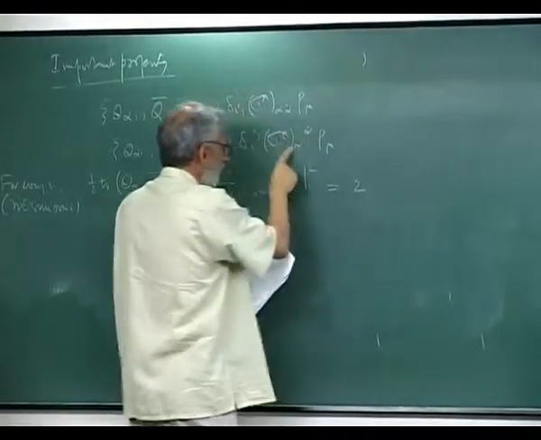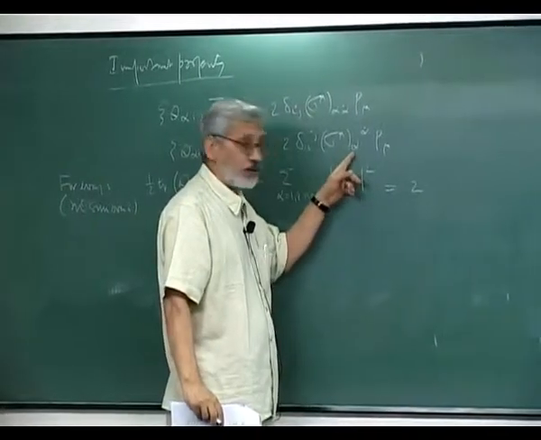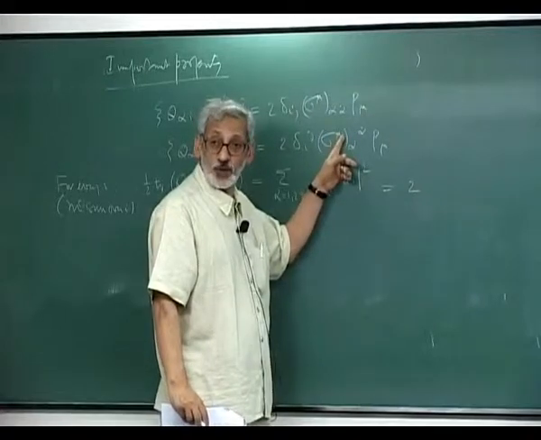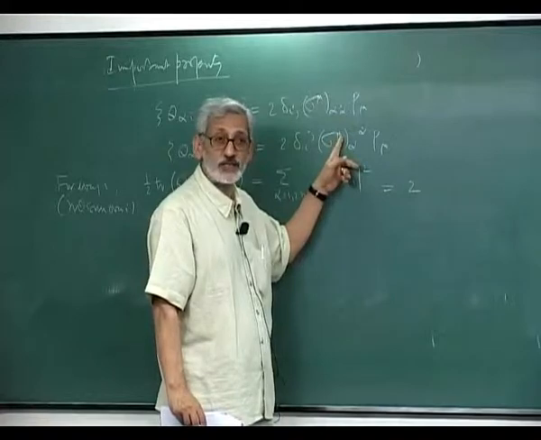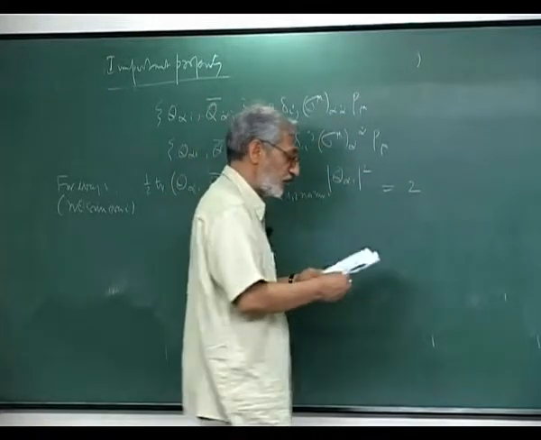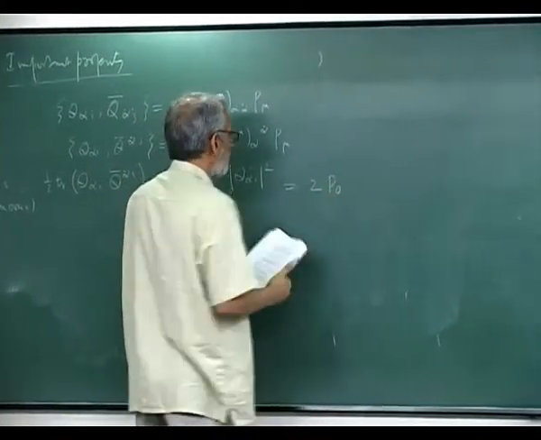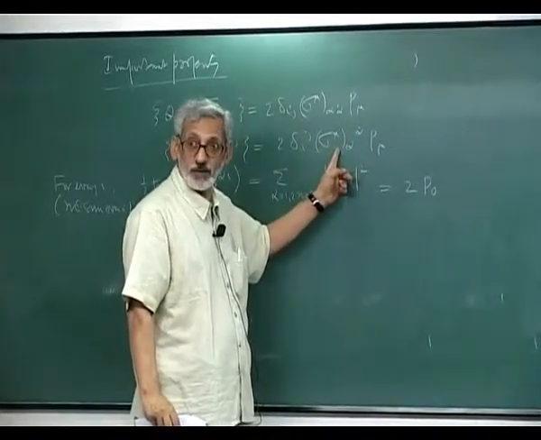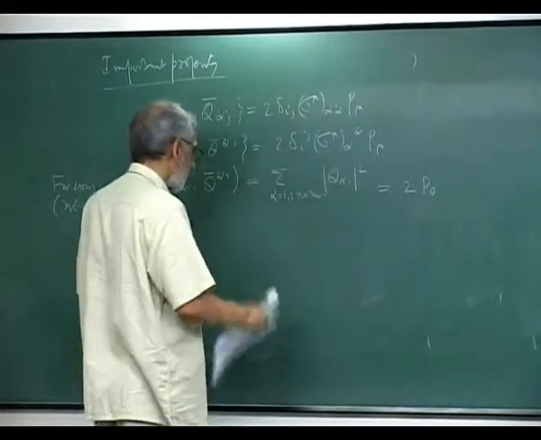And remember, sigma mu are traceless for mu not equal to 0. So the only one with non-zero trace is sigma 0, because sigma 0 is an identity. So that gives me P0 times the trace, and that is 2, but then I have divided by half here.